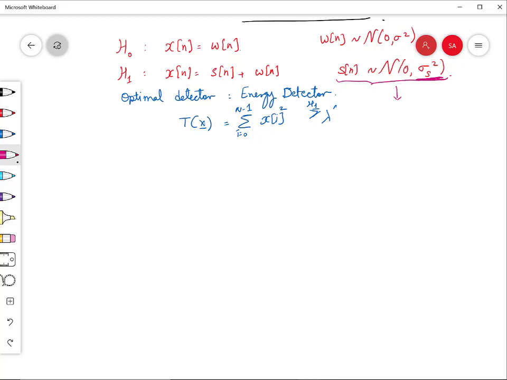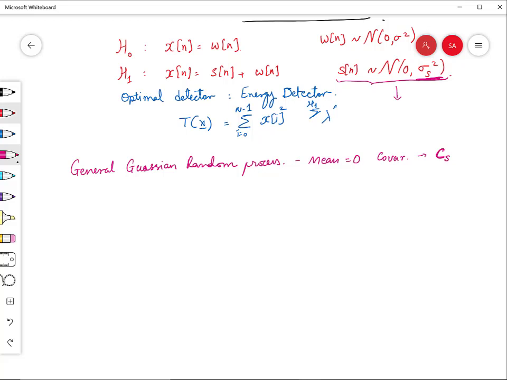In this case we are going to look at a general Gaussian random process, again with mean 0, and the variance is now given by a covariance matrix. Let us denote it by C of S.